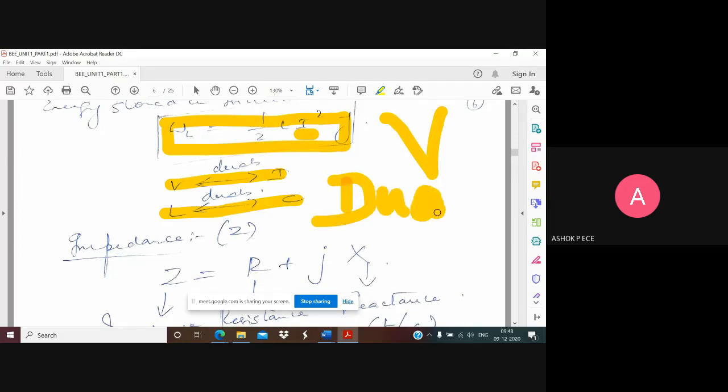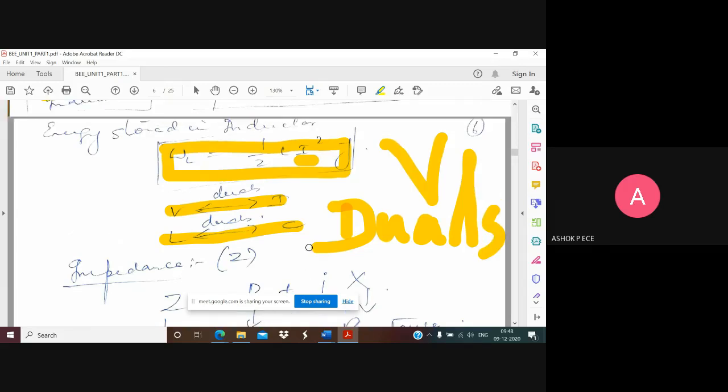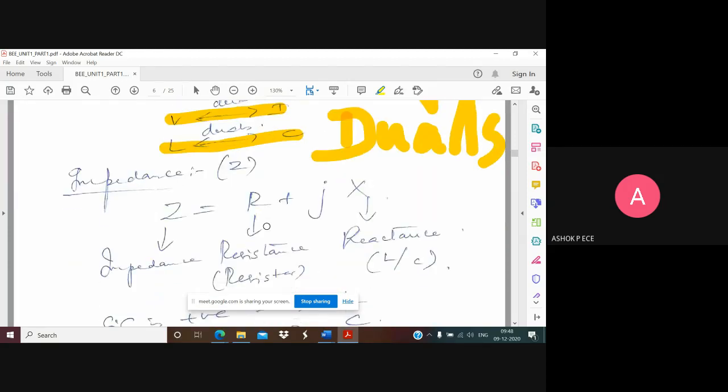Dual means the properties are complementary, or you can get the properties of one from another. Voltage and current are duals. Inductor and capacitor are duals. Duals means they exhibit identical properties. Is it clear till now? The concept of duality, inductor, capacitor basics. Is it clear?